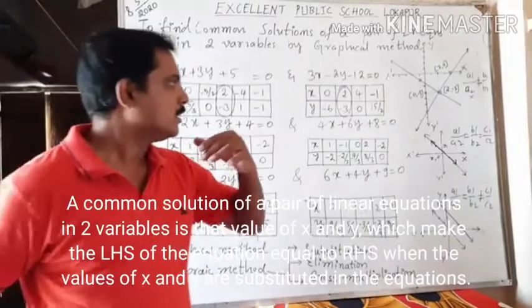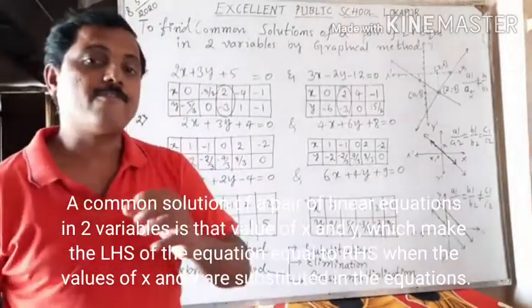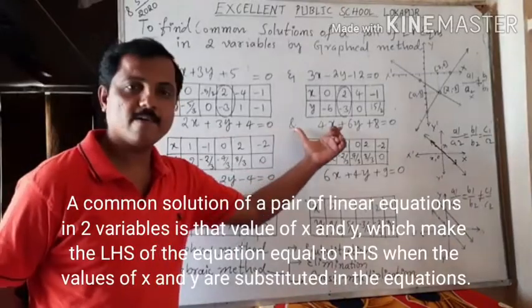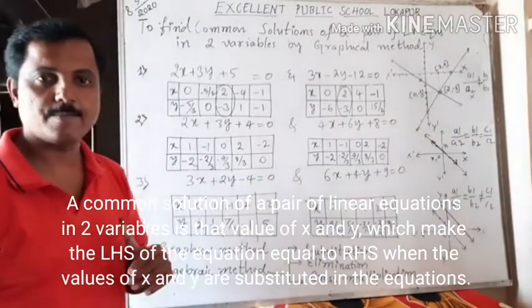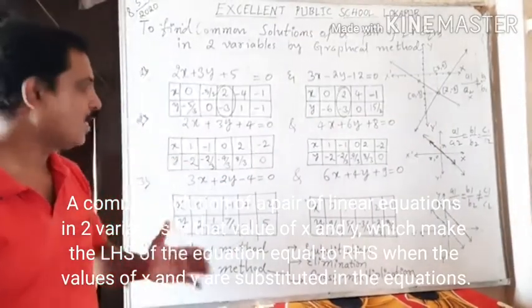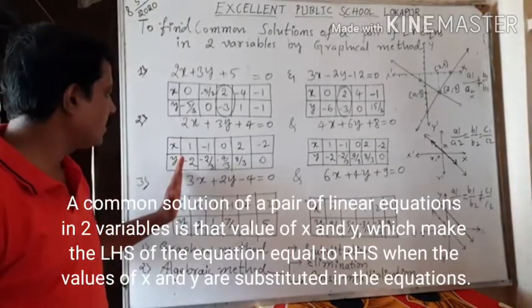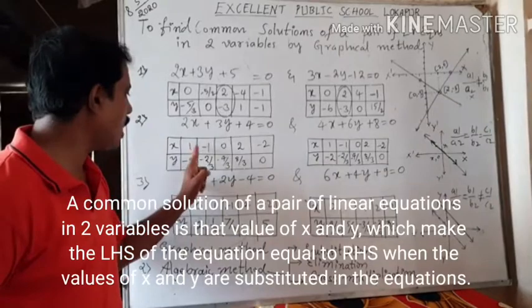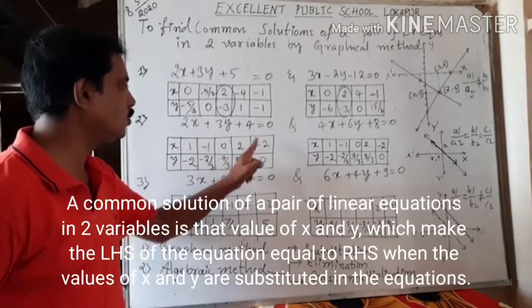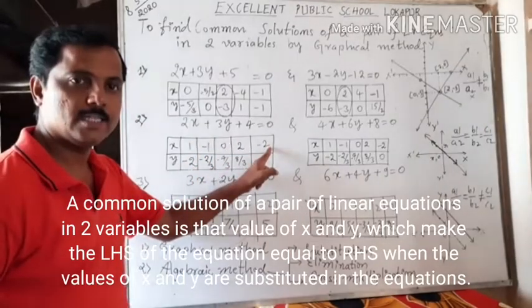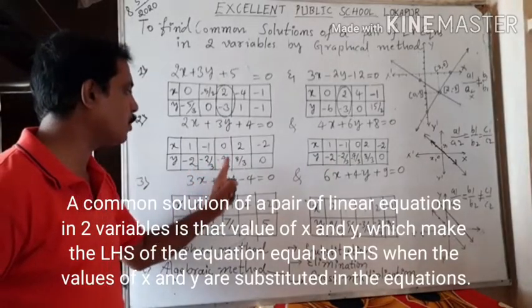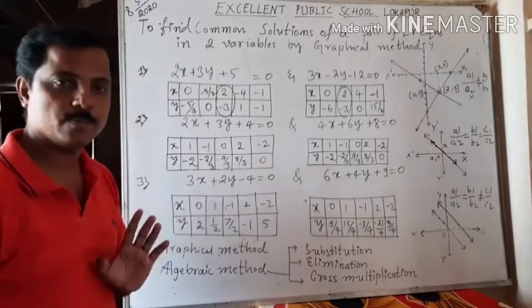Okay, students, if we take one more example of a pair of linear equations in two variables, and I find 5 solutions here for x = 1, -1, 0, 2 and -2, then the corresponding values of y are -2/3, -4/3, 8/3 and 0.